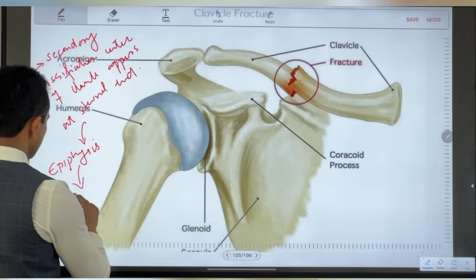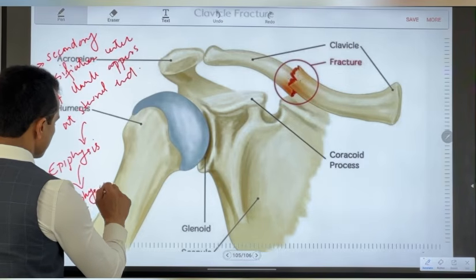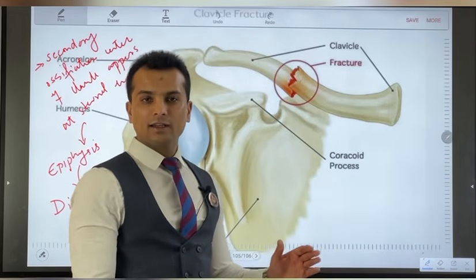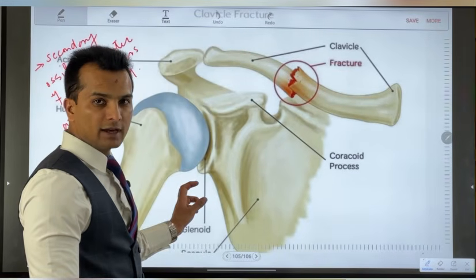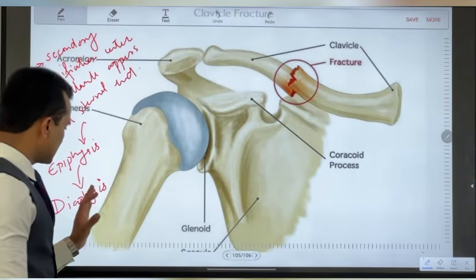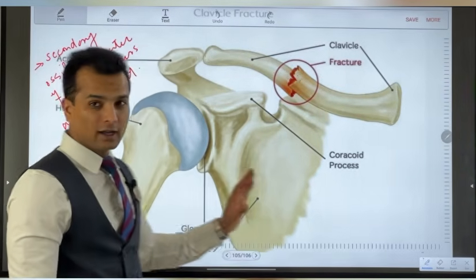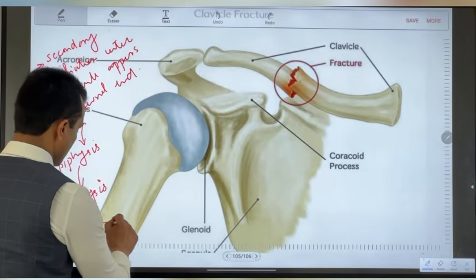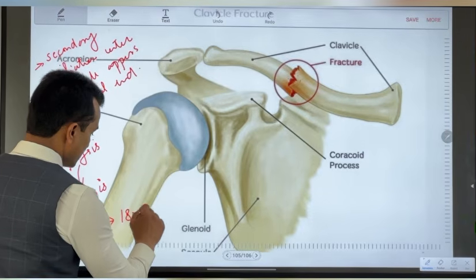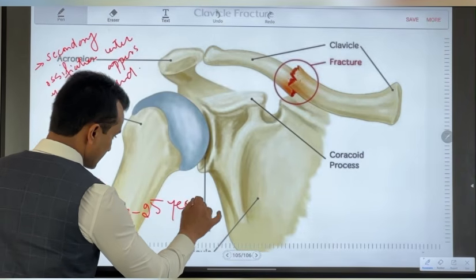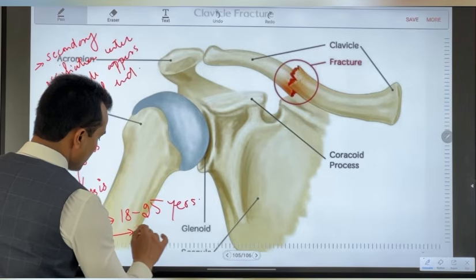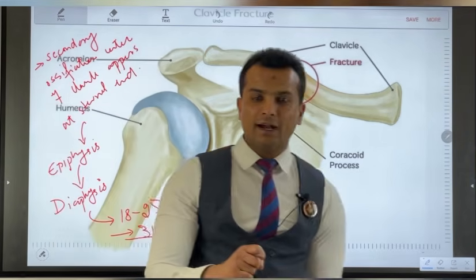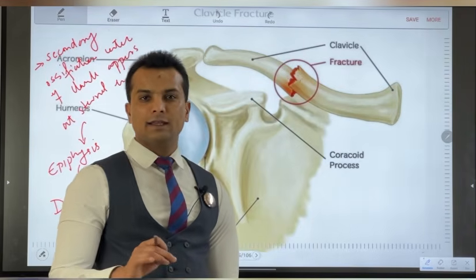So the secondary ossification center which appears at the sternal end will help in formation of the epiphysis or epiphyseal plate, and this will meet the shaft or diaphysis by the age of 18-25 years, and it will completely ossify to the diaphysis by the age of 31 years.